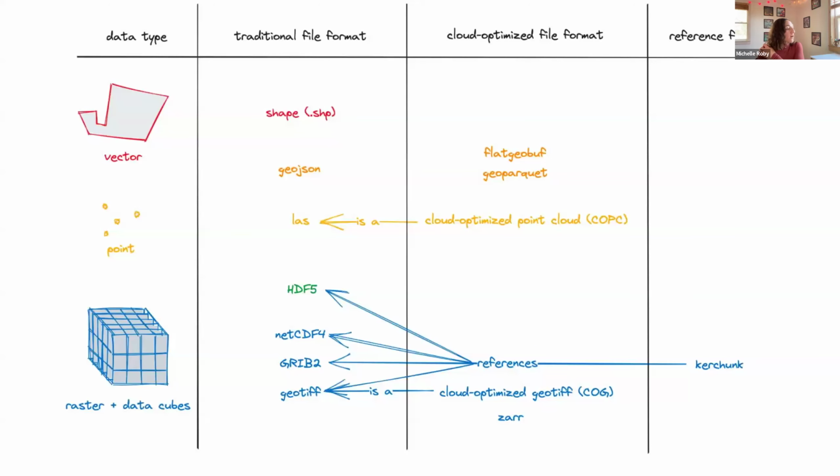And then for raster data, GeoTIFF has been the traditional file format. But then there's the cloud optimized GeoTIFF, or the COG, that is a GeoTIFF but has that metadata file so that you can just read in the tiled chunks that you need.